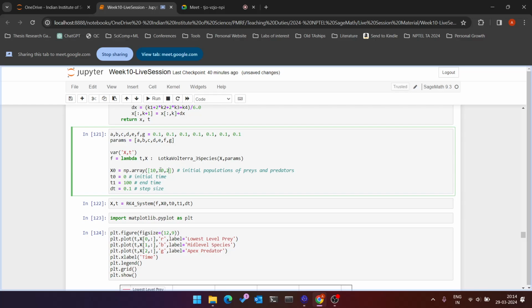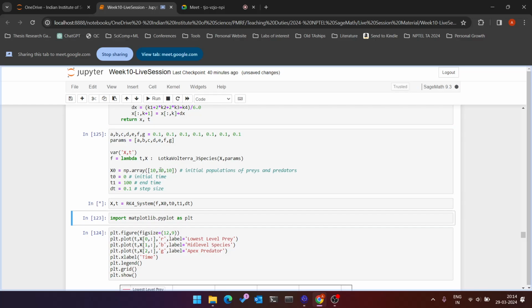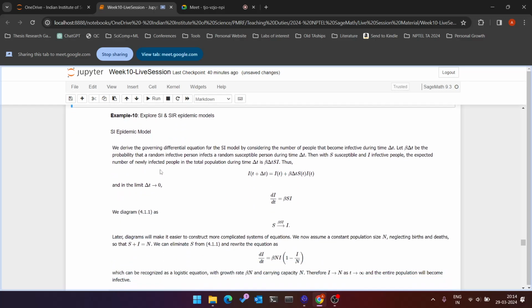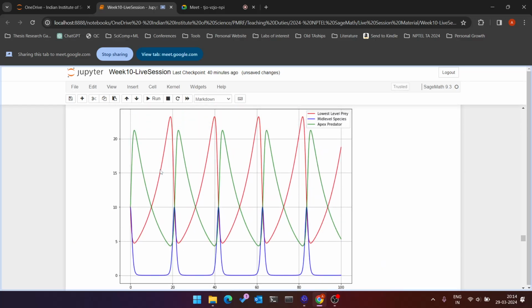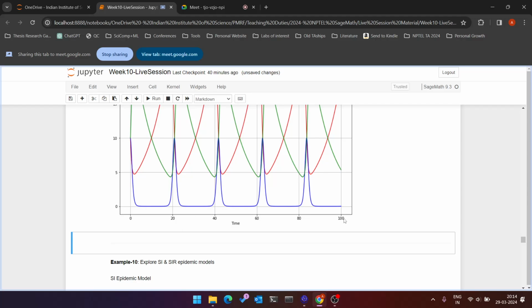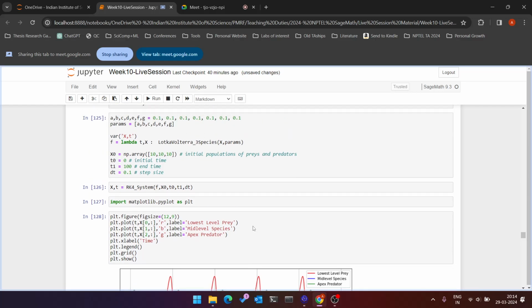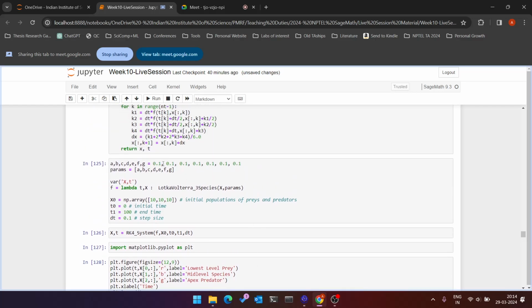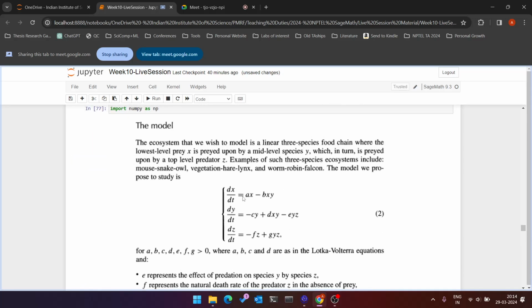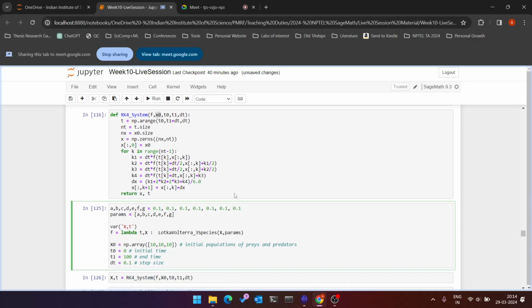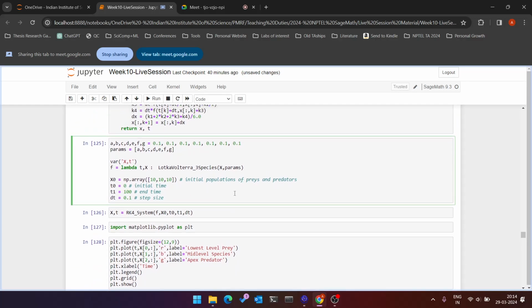So suppose I specify everything as 10, 10, 10. Okay, so for this case, it seems like the number of cycles has increased, or the period has decreased rather for the system. One more thing we could play with is the parameter A, which specifies the natural growth of the lowest level species.